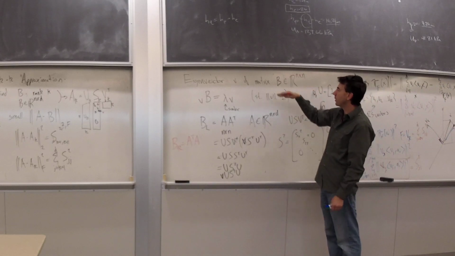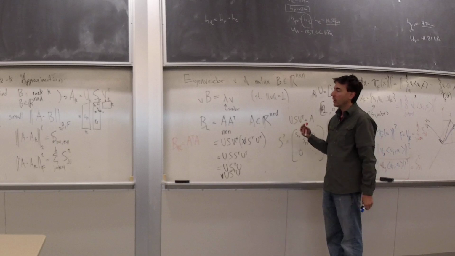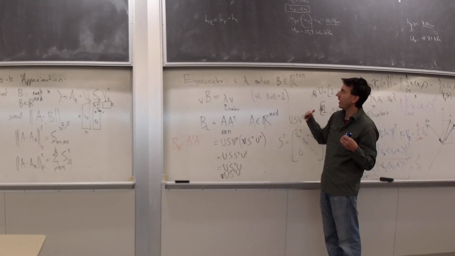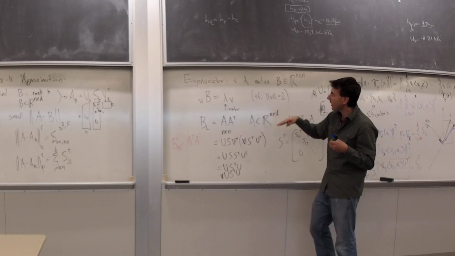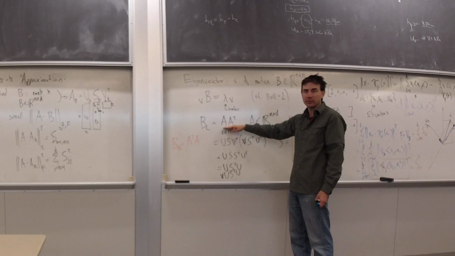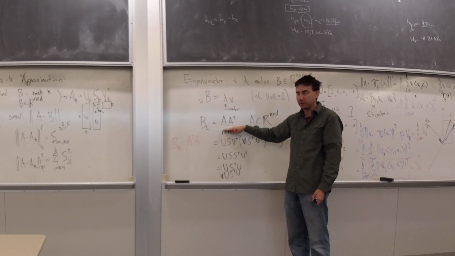Eigenvectors have to be of a square matrix, and in fact, for the eigenvalues to all be positive, it needs to be what's called a positive definite matrix. If all the eigenvalues of A are positive, this is called a positive definite matrix.